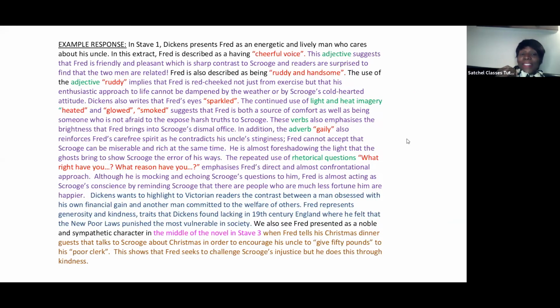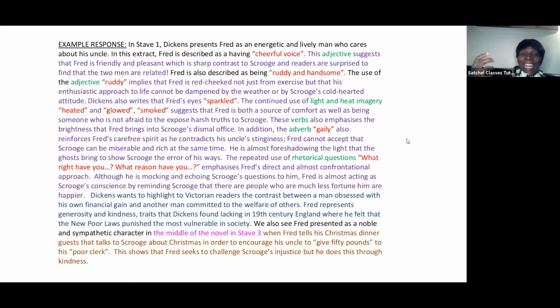Dickens also writes that Fred's eyes sparkled, and this continued use of light and heat imagery, heated and glowed, suggests that Fred is both the source of comfort and well-being, someone who's not afraid to expose the harsh truth to Scrooge. These verbs also emphasize the brightness that Fred brings into Scrooge's dismal office.